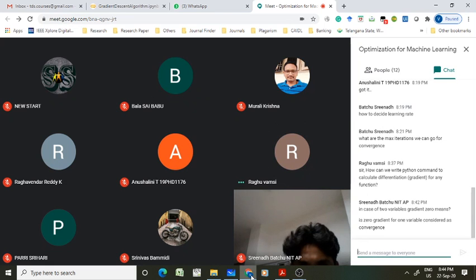Sir, actually in the program, in the gradient step, we are writing the function after taking the differentiation. But instead of that, is there any mathematical command in Python to do the differentiation automatically?